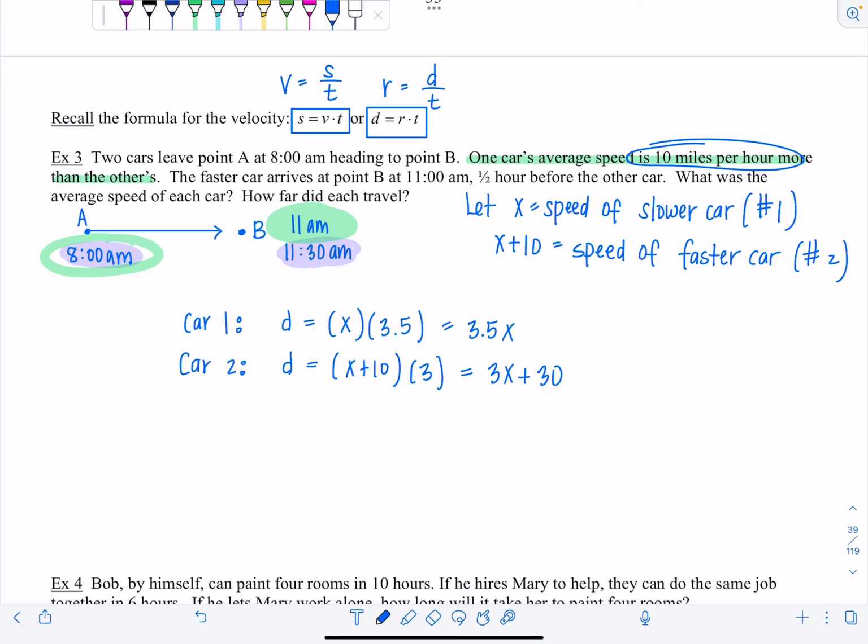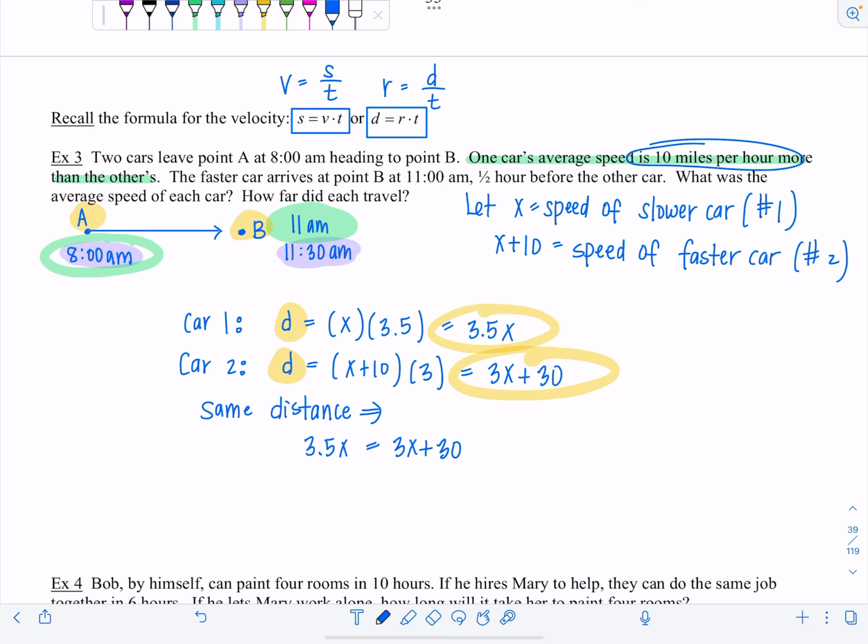Okay, well, what do I know is true? The fact that these two distances are equal to each other. Both cars traveled from A to B. So I can set 3.5x equal to 3x plus 30. So since they traveled the same distance, this means 3.5x equals 3x plus 30.